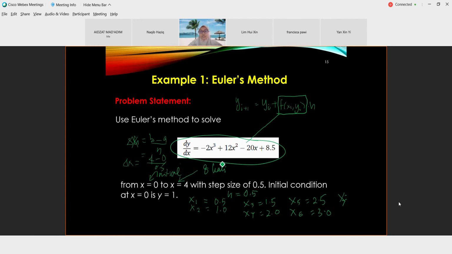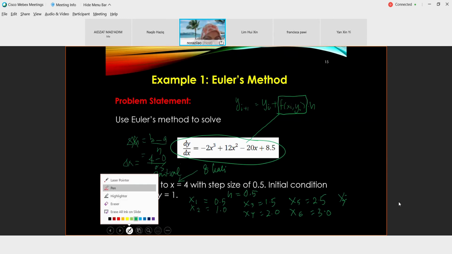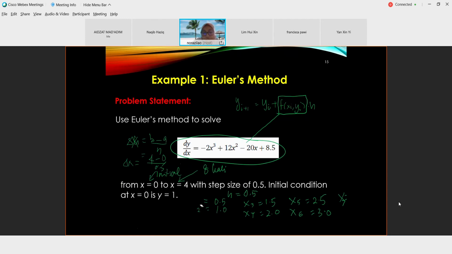Okay, so how can we transform the initial value problem? Initial condition at x equal to 0 is y equal to 1. Macam mana kita nak tulis mathematical form dia? Azim? Raymond?